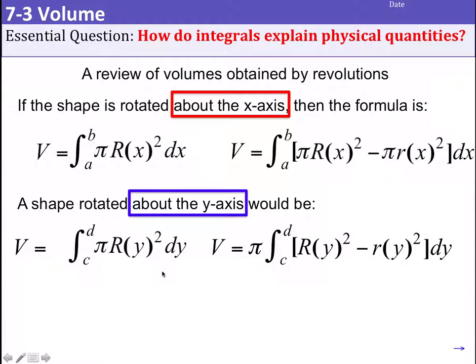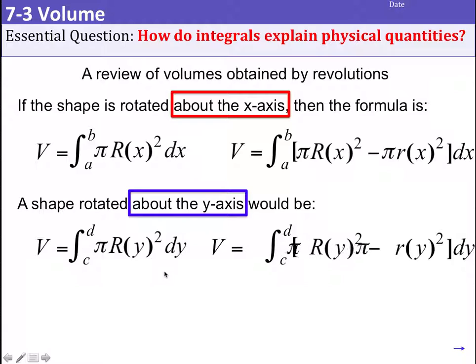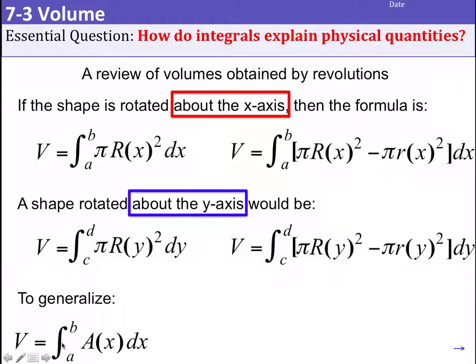And so what we're really doing in general when we find these volumes is integrating an expression for the area, between a lower and an upper bound. That's our general expression for volumes: we integrate an area function.